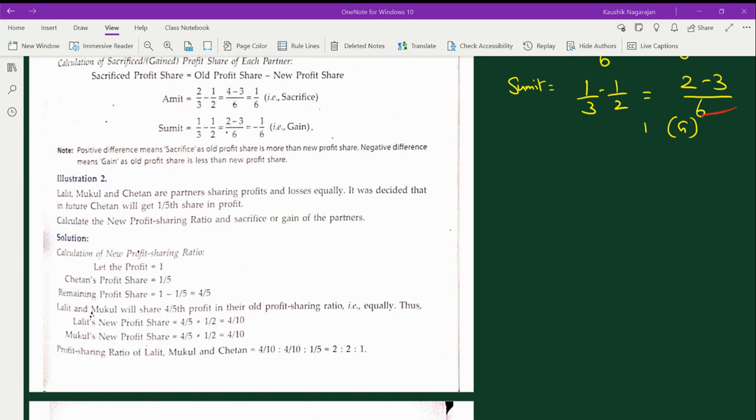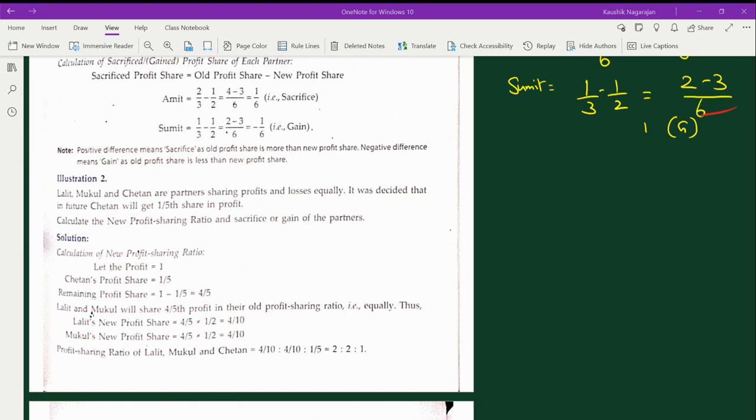We understood the formula for deriving sacrificing ratio and gaining ratio among the existing partners when they undergo a change. Just to recall, the formula for sacrifice is: sacrificing ratio is equal to old ratio minus new ratio.